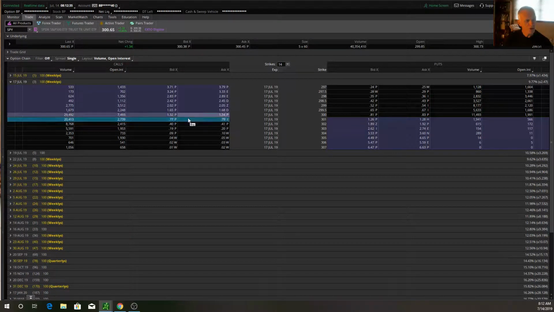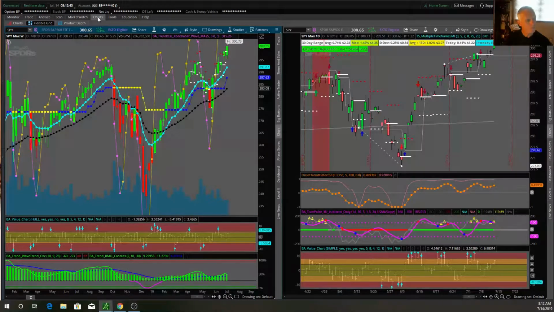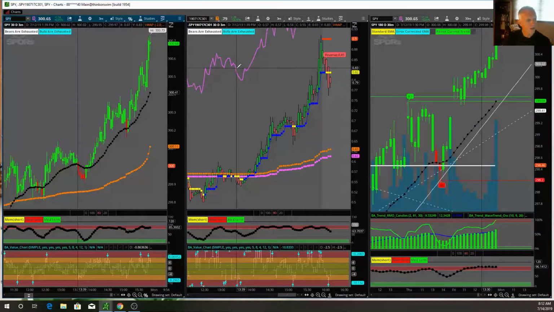What that's going to do is plot that at the money option. It will once I get to the right chart. Okay, so there we go. Alright, so this is the at the money option for the SPY.